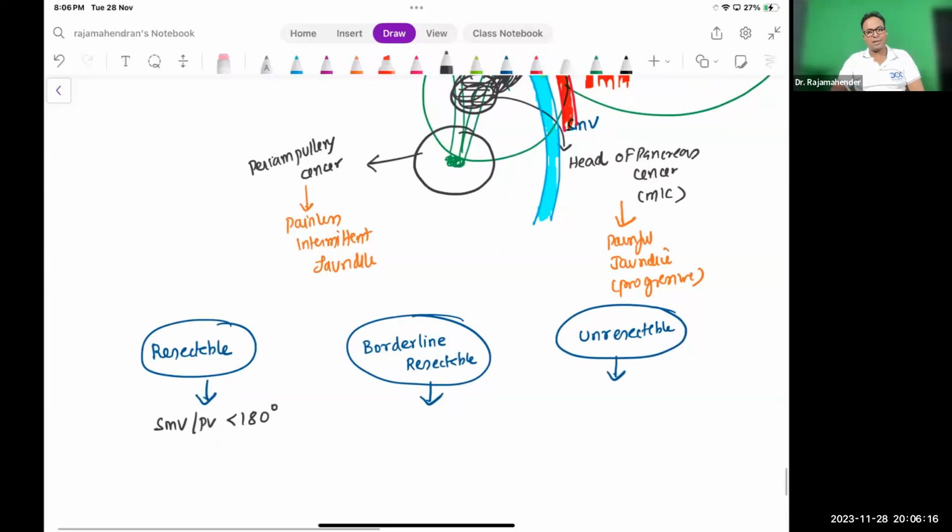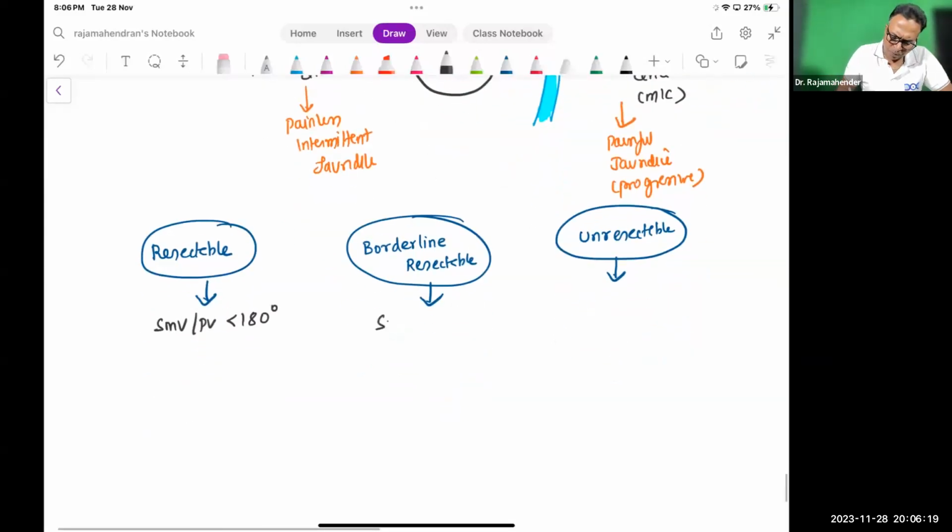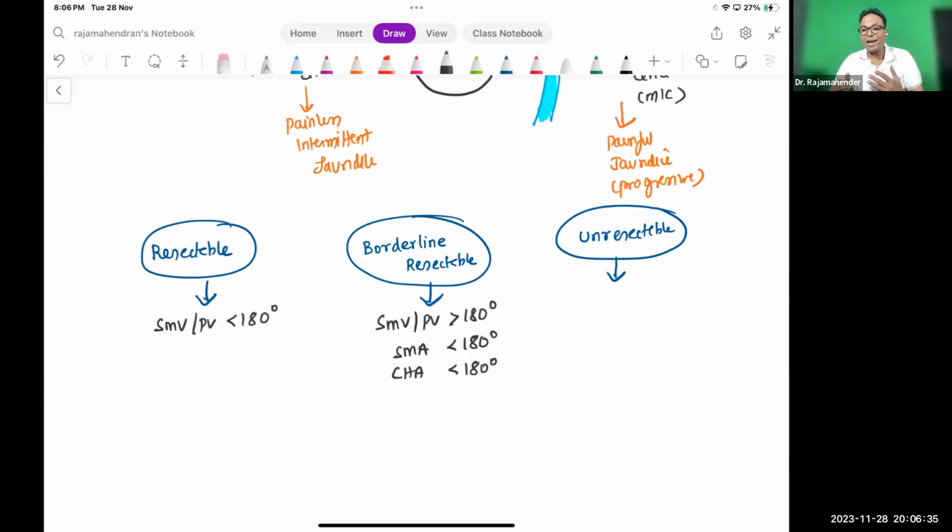That is resectable cancer. When superior mesenteric vein or portal vein is infiltrated more than 180 degrees, it is borderline resectable. Superior mesenteric artery less than 180 degrees, common hepatic artery less than 180 degrees, these all come under borderline resectable. Unresectable is superior mesenteric artery more than 180 degrees, common hepatic artery more than 180 degrees, or celiac artery infiltration.